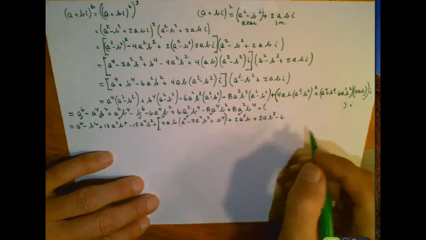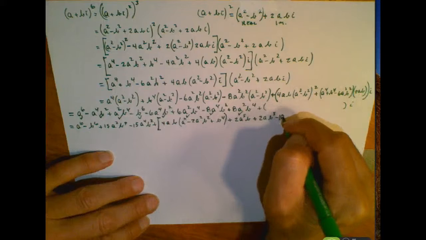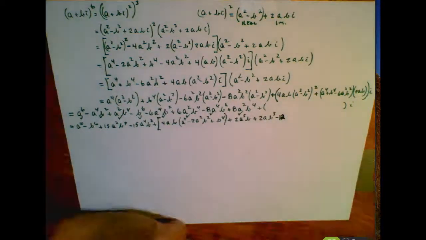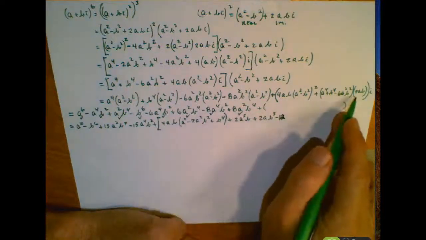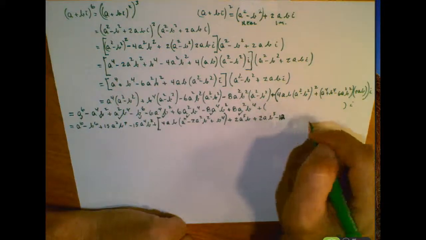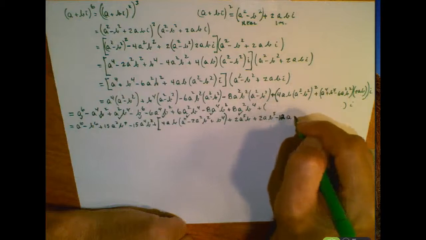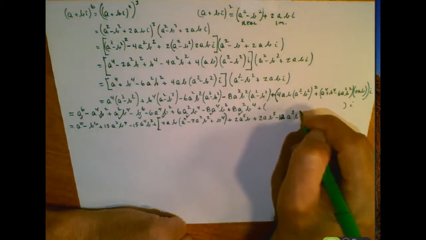and I'm sorry, minus 12. Oops, icky. That's why I don't like to write in ink all the time, because I made a mistake there and now I have to write over it. Minus 12 a cubed b cubed.